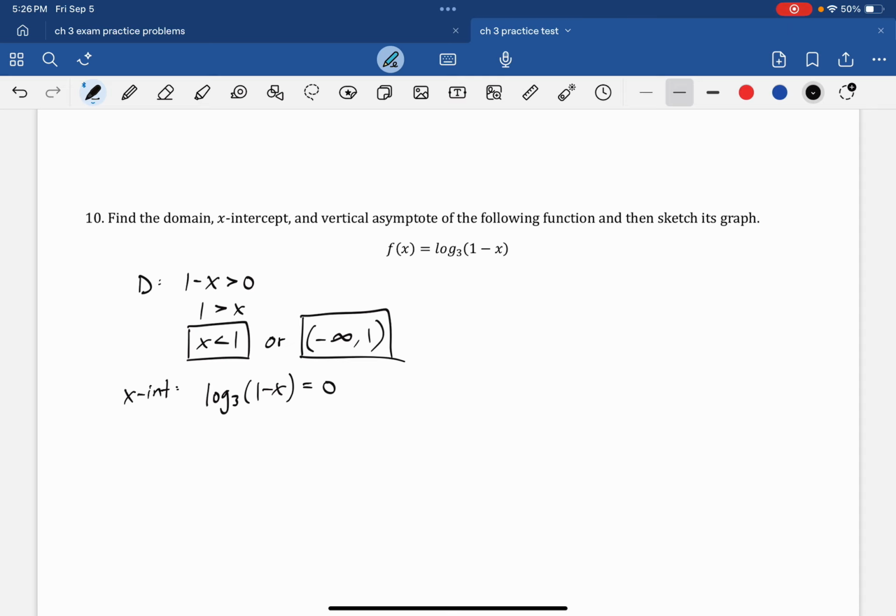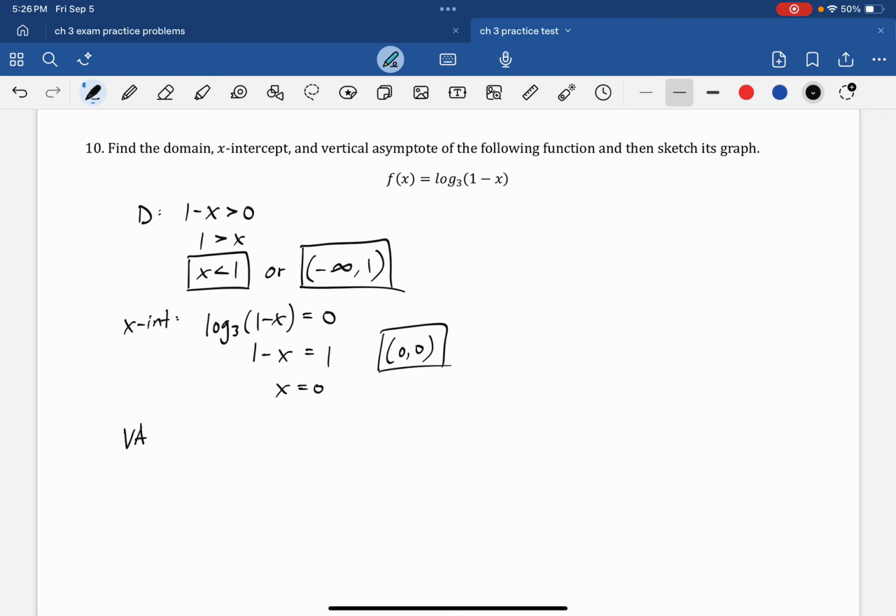And a logarithm only equals 0 when the input equals 1, right? You could see this clearly if you exponentiate both sides as powers of 3, right? On the left side, you would be left with 1 minus x, and on the right side, you would be left with 1. Either way, we're left with 1 minus x equals 1, or x equals 0. And so my x-intercept is (0, 0).